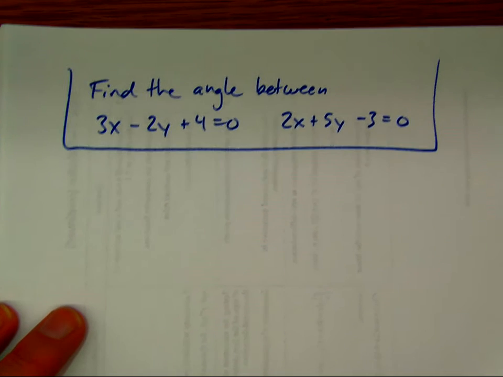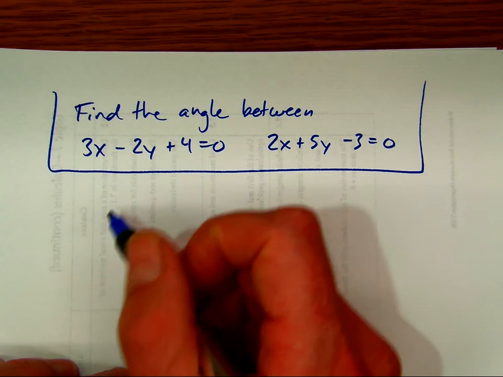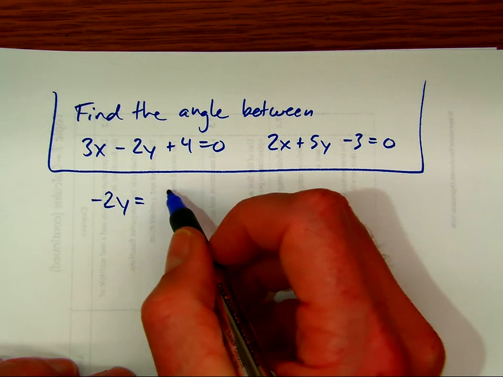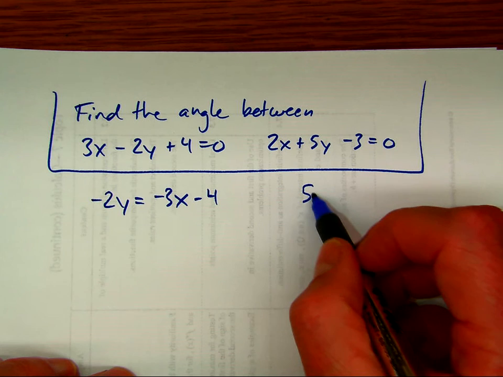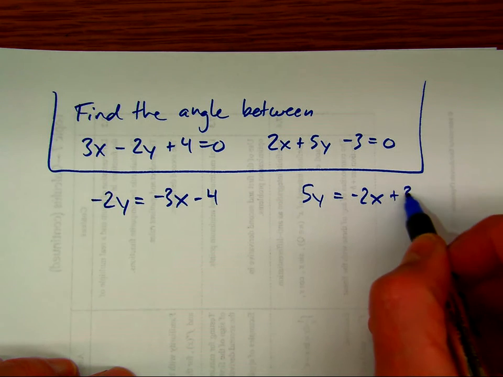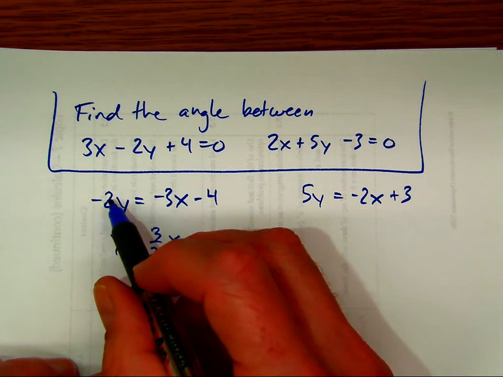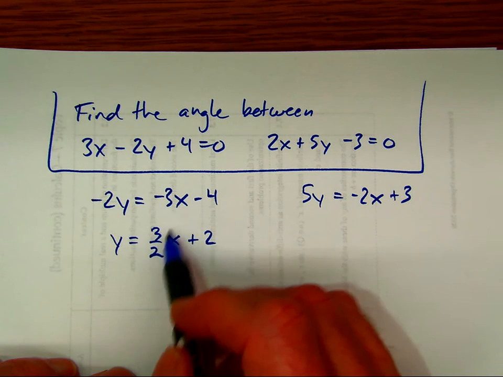Okay, so we have to find the slope and then use the slope to make direction vectors, then find the angle. So go ahead and try that one. We have to get y by itself. Divide by negative 2. So I subtracted 3x, and then divided by negative 2.